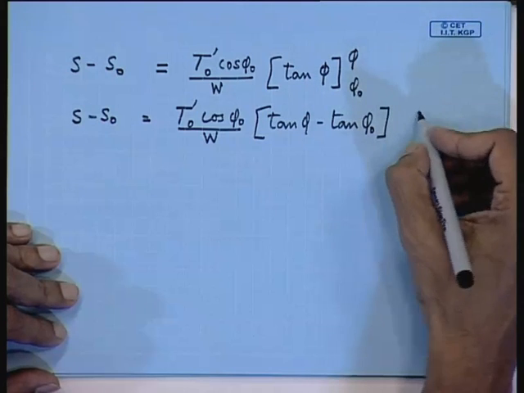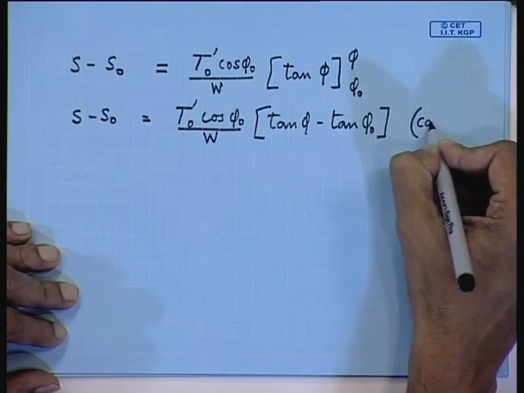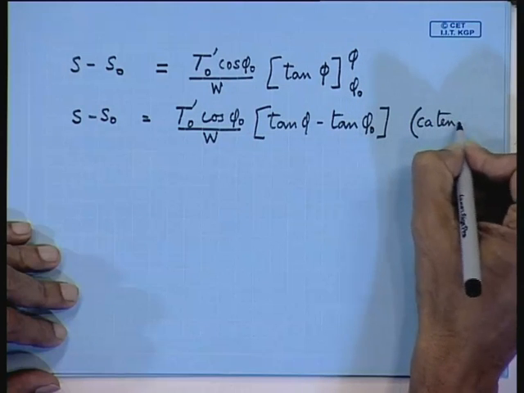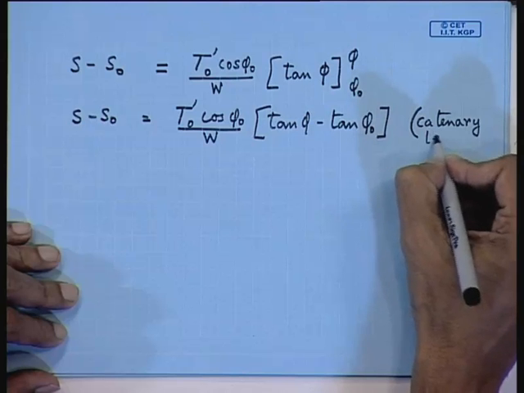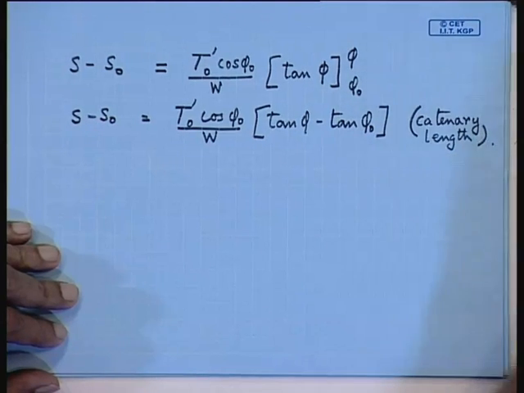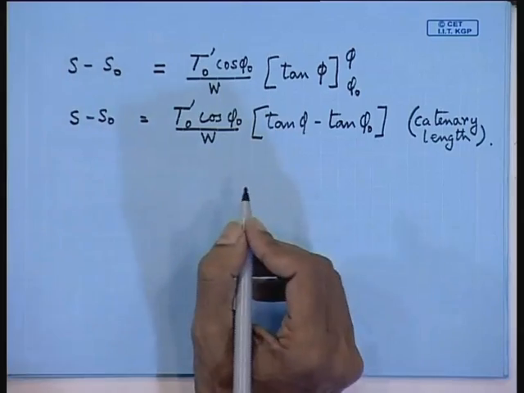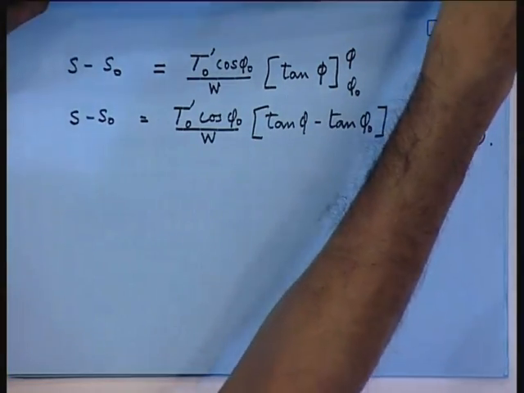So this is the catenary part. You write in brackets catenary length. This is your catenary length. Now you find out the horizontal component of x.